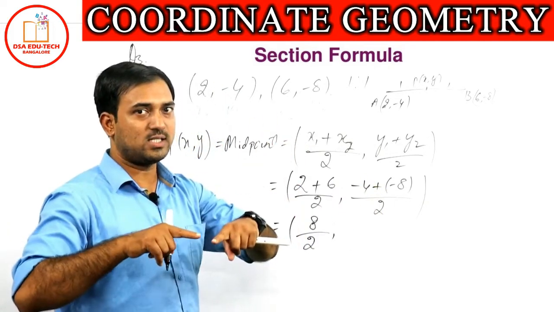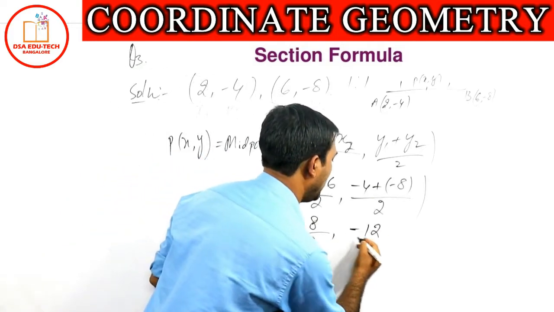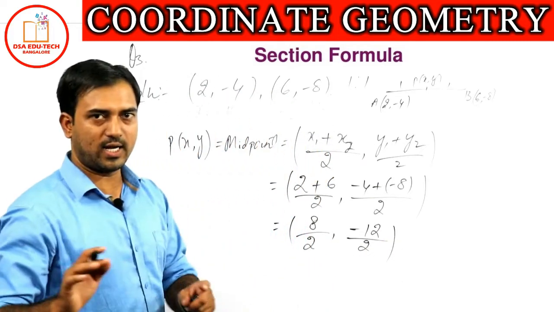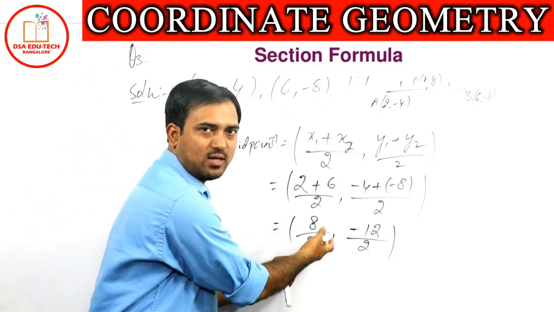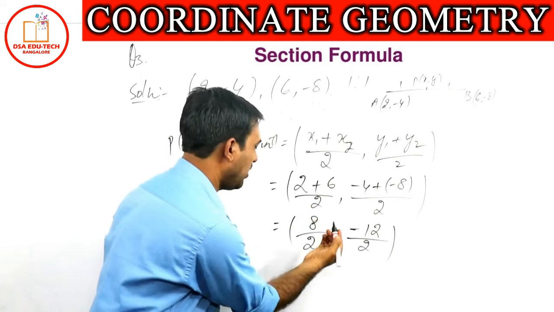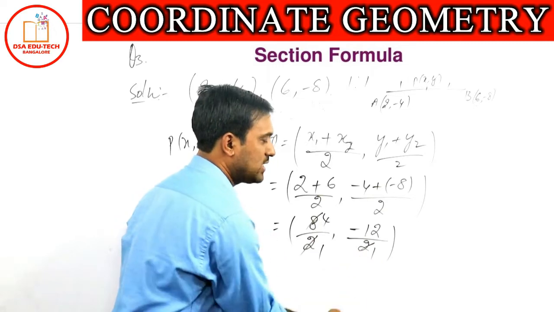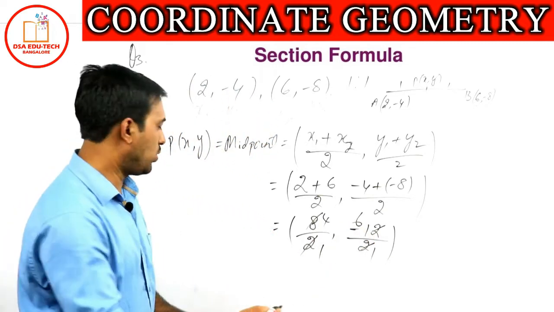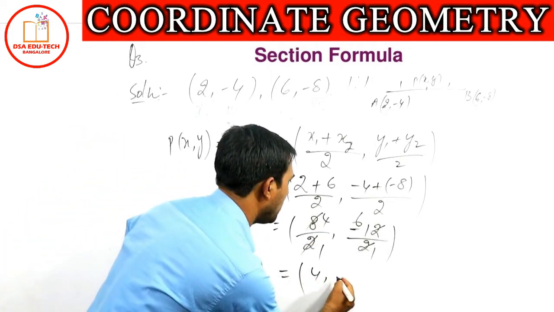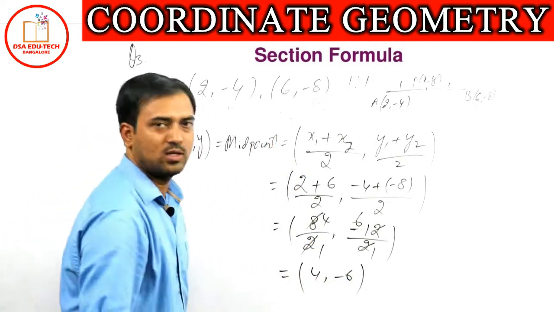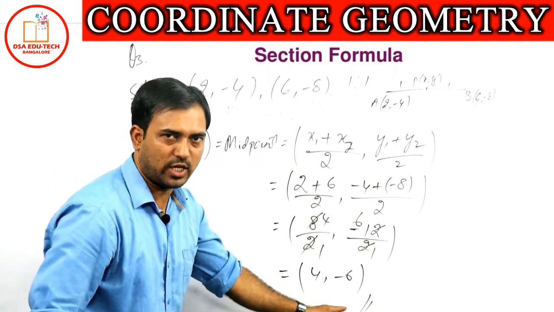When both is minus, then you add them with the same sign. So minus 12 divided by 2. Clear? Now the numerator is a multiple of denominator, so we can cancel them in short. 2 ones are 2, 2 fours are 8, 2 sixes are 12. So what are the coordinate of the point? 4 comma minus 6. So the coordinate of the point is 4 comma minus 6.